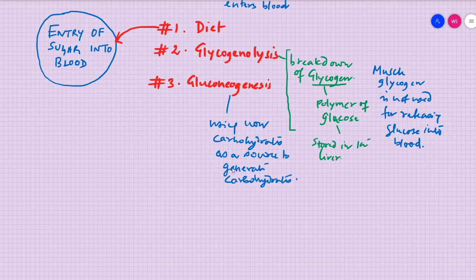Okay, so in integrated metabolism, we say that the end products of digestion of fats and proteins can be converted to glucose and vice versa. Okay, so gluconeogenesis is also the source of how blood sugar increases.